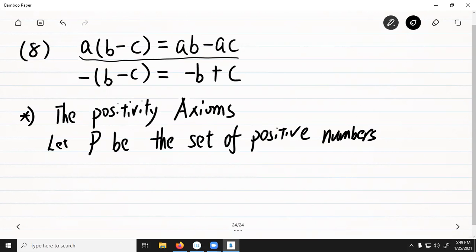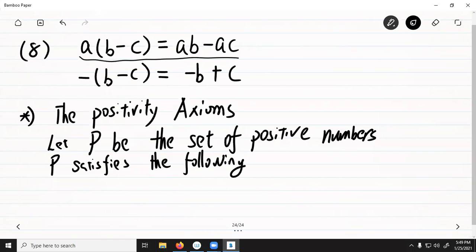Then the set P satisfies the following two properties.